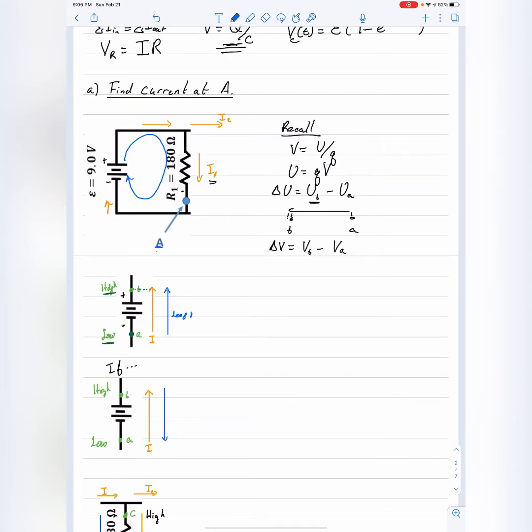So if I do a little dotted line, and since it's hitting B first, and then last A, I go, okay, so VB minus VA equals a positive EMF. How is that? Because VB is 9 volts, and then VA is 0 volts. It goes from low to high, and because it goes from low to high, it is positive. That's why we have a positive EMF.